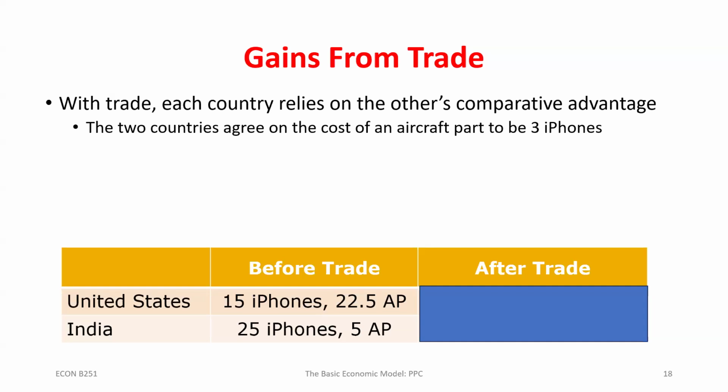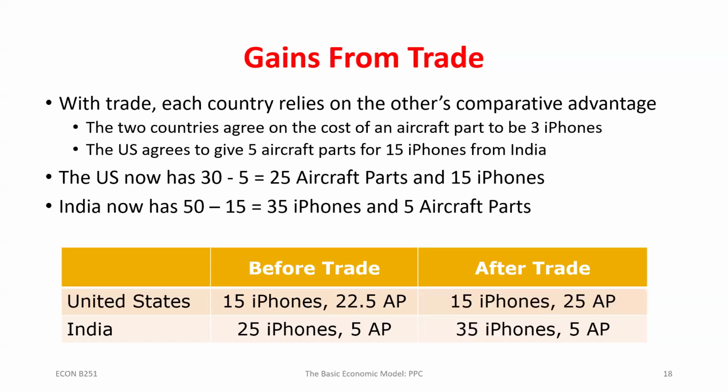From the 30. Well, we can think about this by comparing it to where we were before. So before trade, the total number of iPhones we had would have been 40 instead of 50. Total number of aircraft parts, we only had 27 and a half instead of 30. So each country here is better off, right?